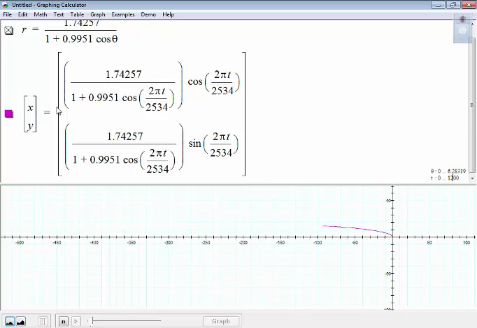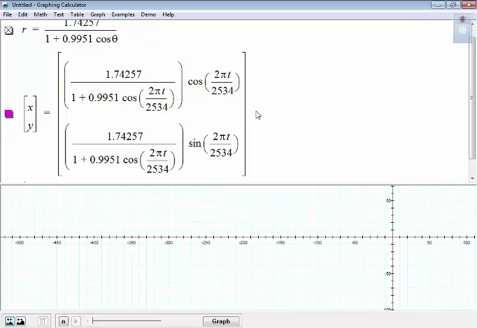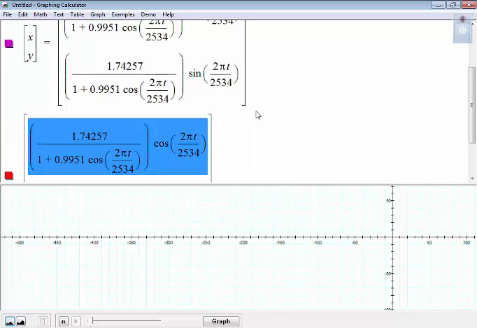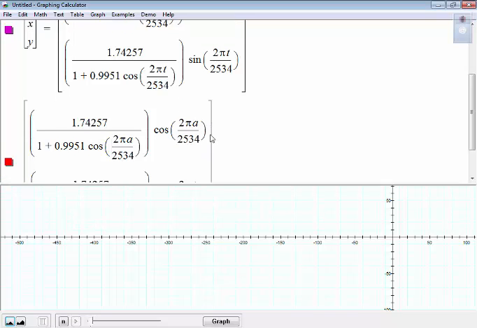So let's actually see it. Let me change my setup over here, and I'm going to take advantage of using the slider again by changing my t values into a's.